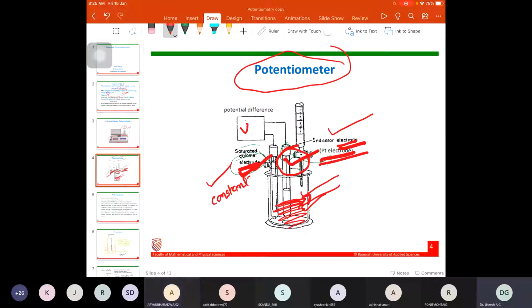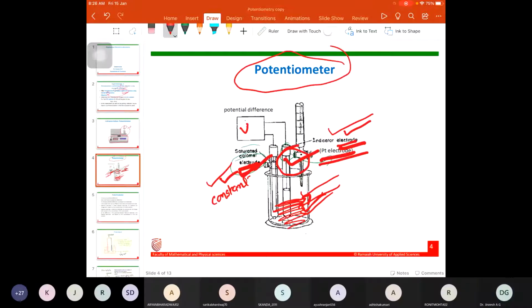Yes, sir. Now, as I told, the potential of the indicator electrode depends upon the concentration of the solution you have taken, and the reference electrode potential doesn't depend on the concentration. Then if you take the difference between the potential in the indicator electrode and the calomel electrode, that potential difference will depend upon the concentration of the solution.